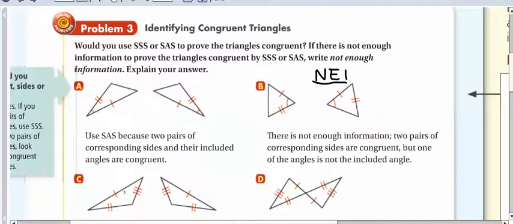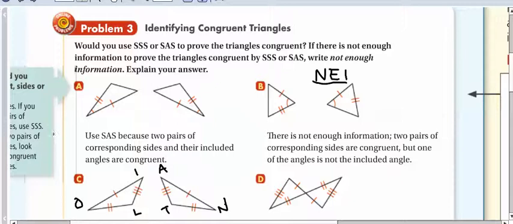What about C down here? Okay, side, side, side. So let's put some letters: O, I, L, and T, A, N. So who wants to write the congruent statements worth $5?